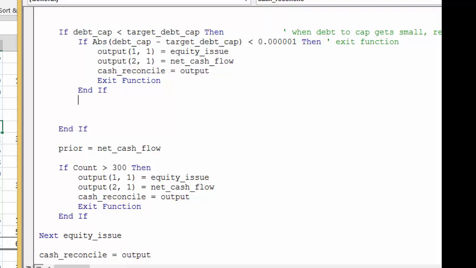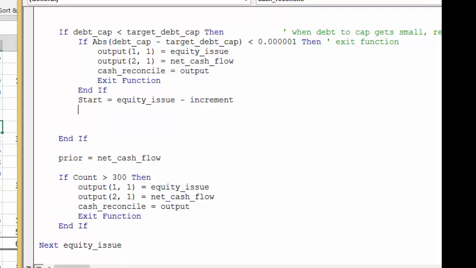We just have start equal equity issue minus the increment. Now, we better make sure this increment is positive. If it's negative, this whole thing will get into some kind of infinite loop. We've got a big danger of the infinite loop here.